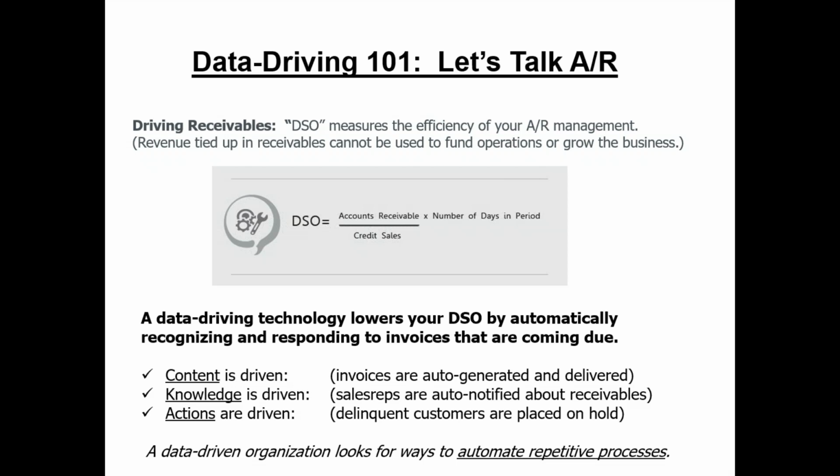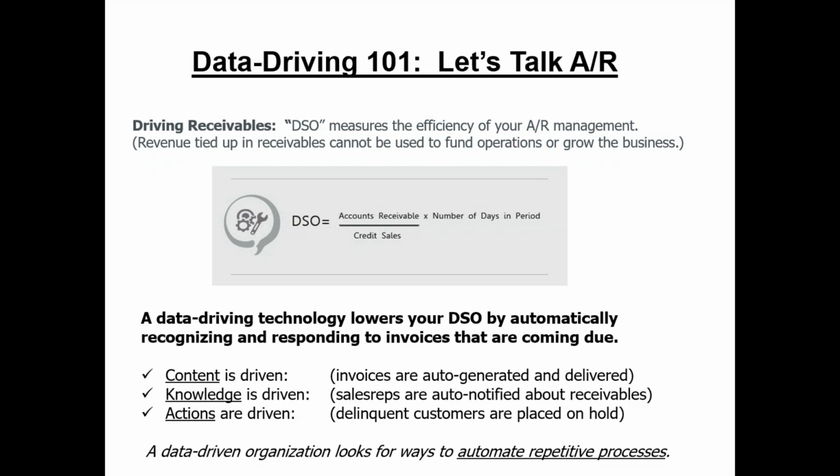It really helps you measure the efficiency of your AR organization. It's called DSO, and it stands for Days Sales Outstanding. To reduce it to its basics, this measures how quickly your customers are paying for the orders that they're placing with you. And the idea is to have that DSO as low as possible.